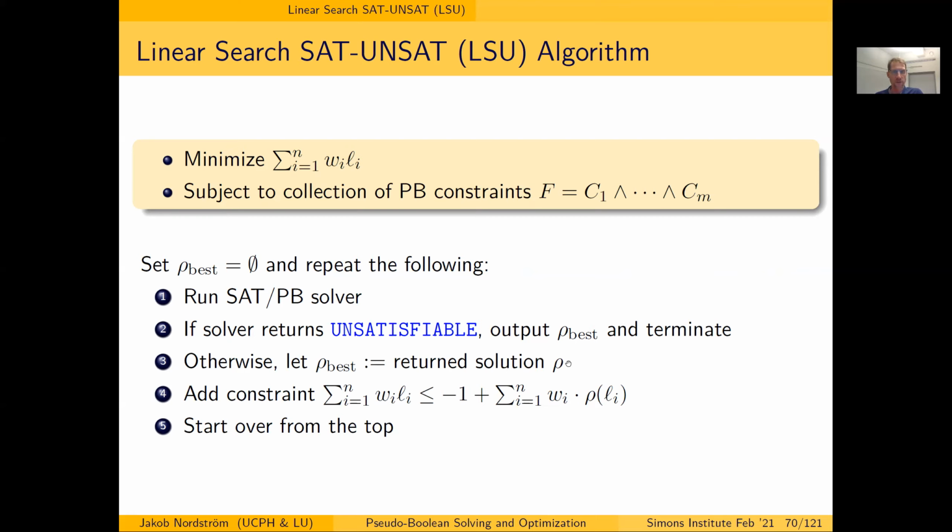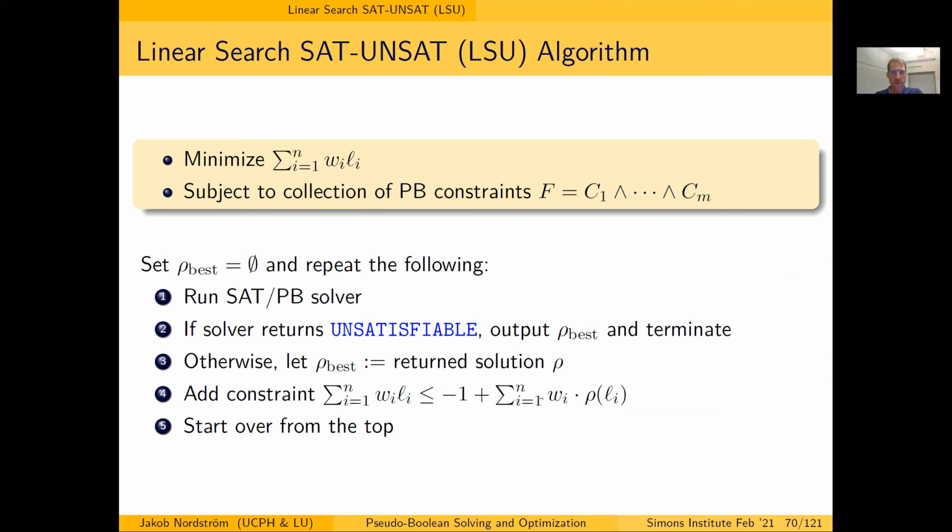Otherwise, we found a solution, rho, an assignment to the variables. Let's update rho-best to be this solution. And then we can evaluate the objective function. Under rho, this gives the value sum of w_i times rho_i, summing over i from 1 to n.